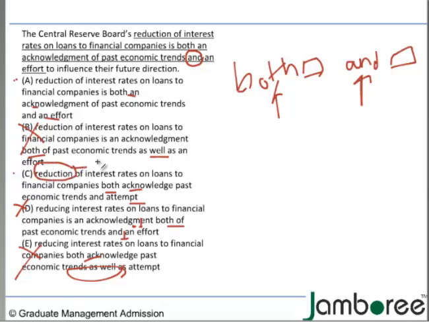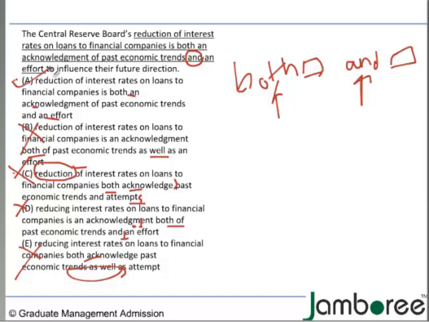Reduction is what? Singular or plural? Singular, right? So for this to be correct, it should have been acknowledges and attempts. Out. A is your correct answer.